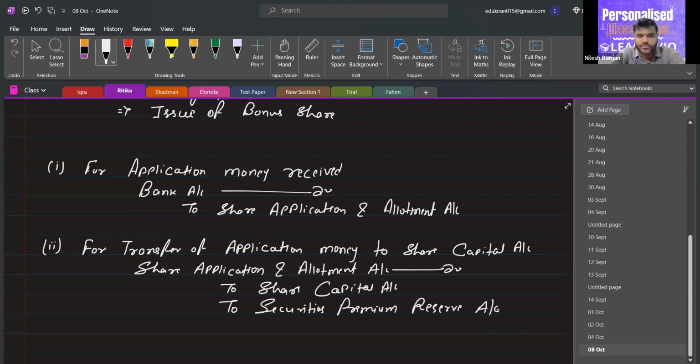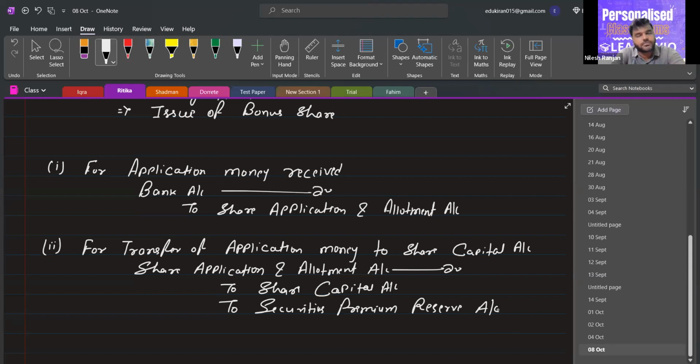Okay, what about calls in arrear? Should I tell the journal entries? So there are two methods: when we open a calls in arrear account and when we do not.